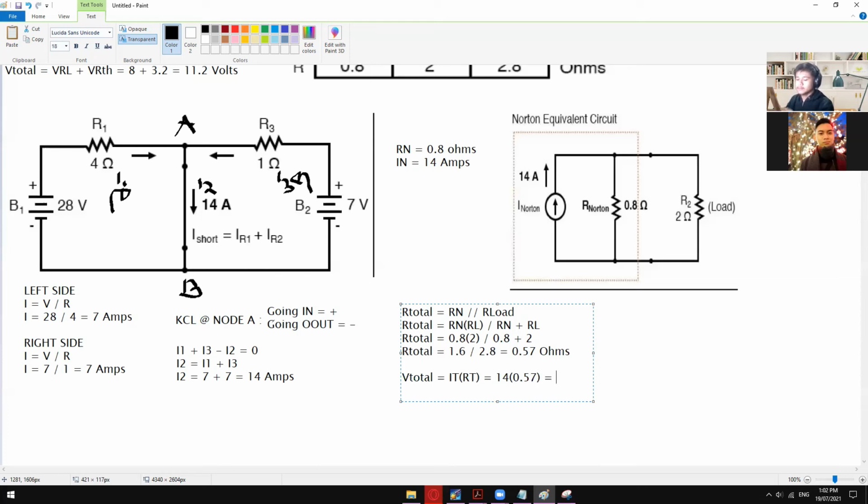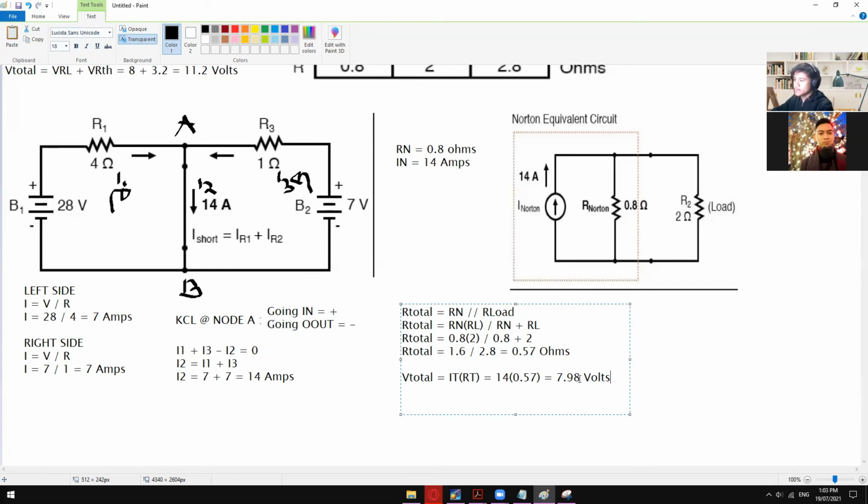V total is 7.98. So please verify also my answer. Okay, maybe there is a mistake, so we can recheck that one. So 7.98 volts.